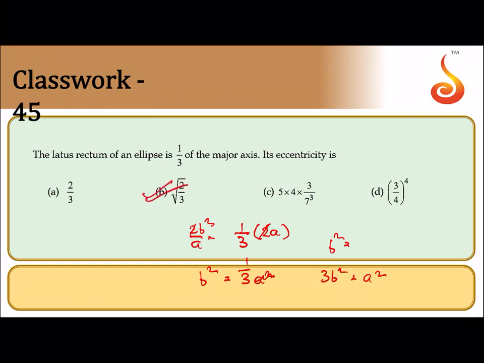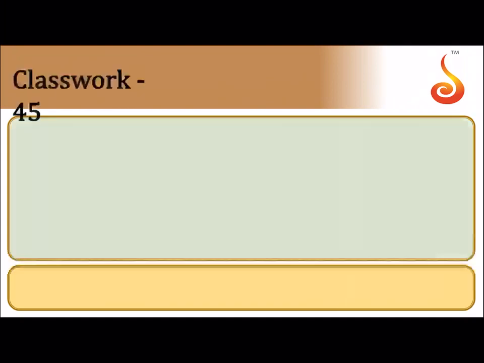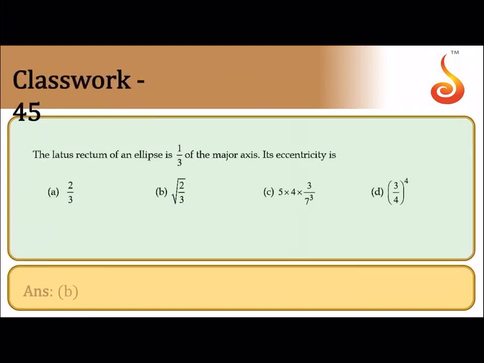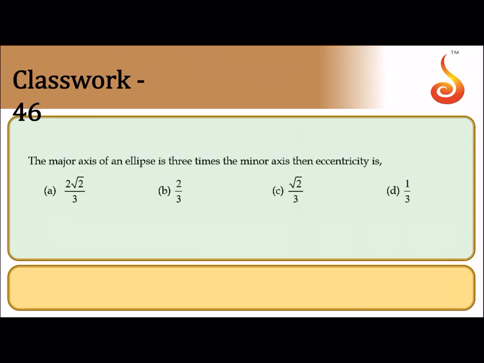So you get 3b square is equal to a square. From that you can find the eccentricity. It will come as under root of 2 by 3. From that you can calculate the eccentricity. So option B is correct.